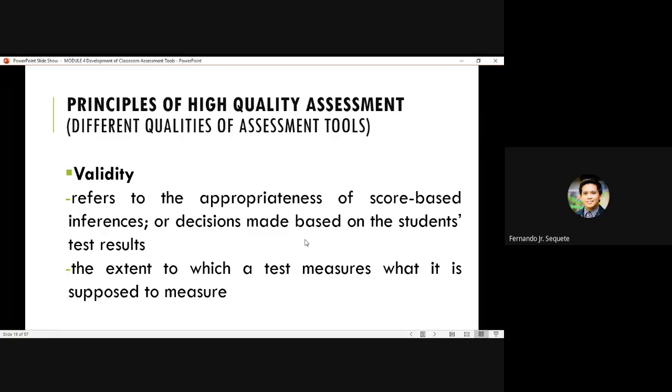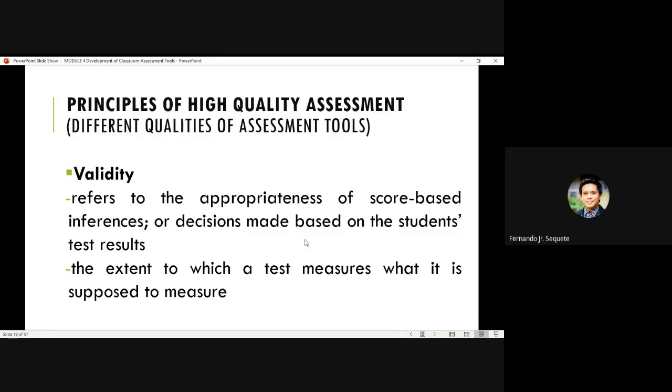Remember, kailan nating masasabing the test is valid? When the test assesses what is really supposed to be measured. For example, if you wanted to measure the level of students in multiplying numbers, kasi nga yung topic mo is multiplication and your assessment is all about multiplication, therefore the assessment is valid.